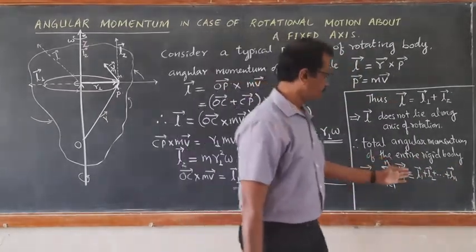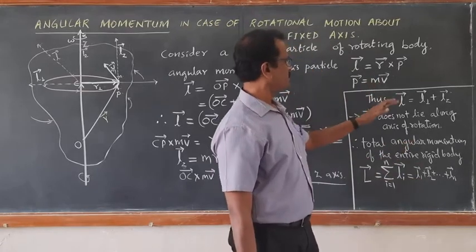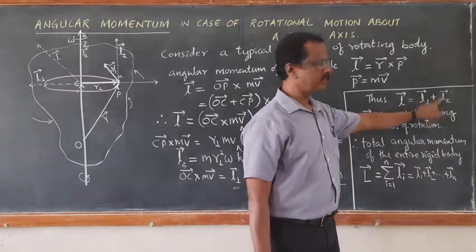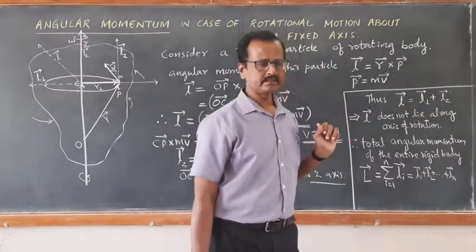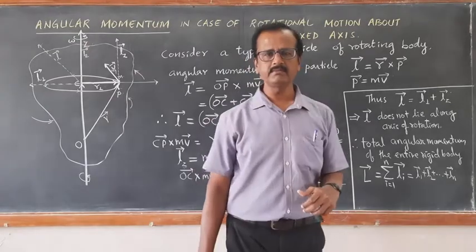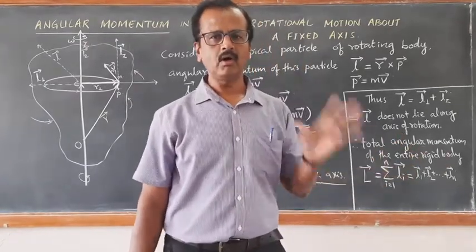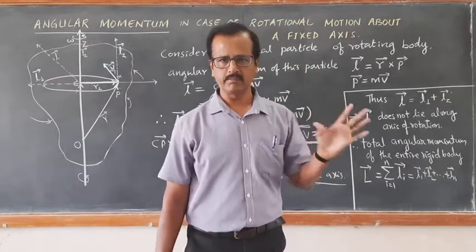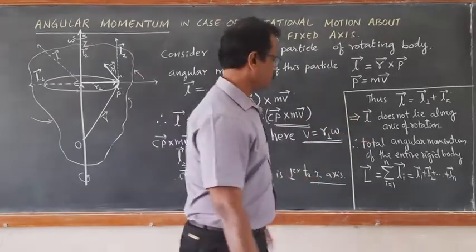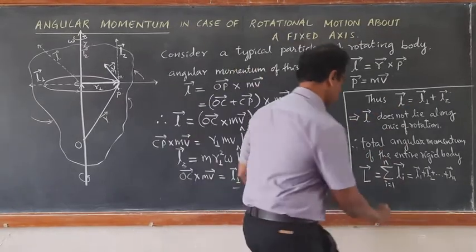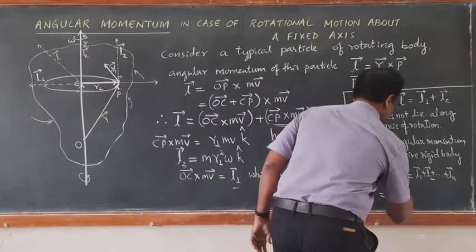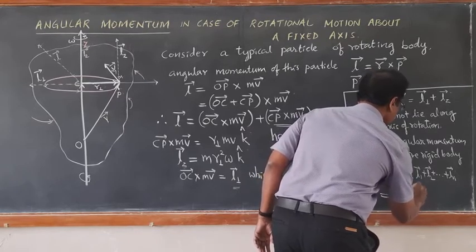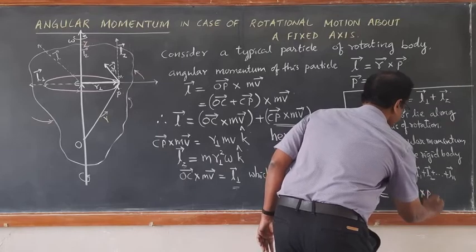So each particle is having two components. One is the component along the z axis, along the axis of rotation. Another one is the perpendicular component. Therefore, total angular momentum is also not along the axis of rotation. Total angular momentum also has two components, right? So this can be elaborated as summation of i equal to 1 up to n Ri cross Pi.